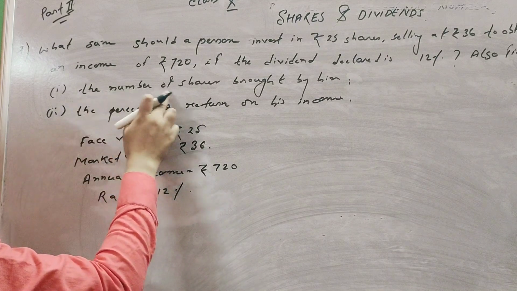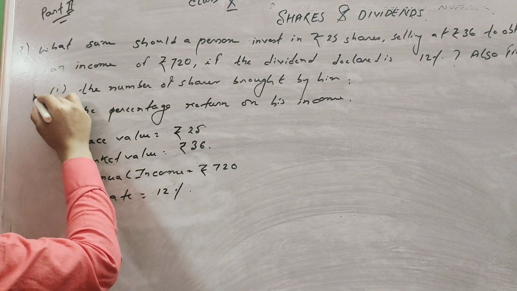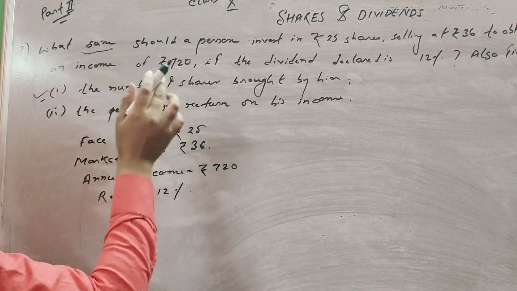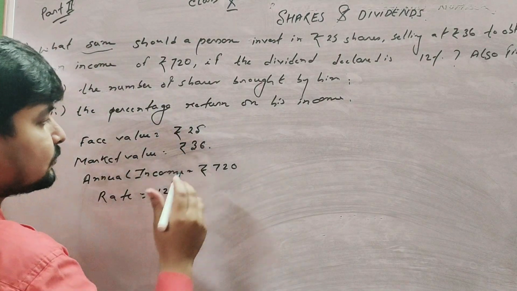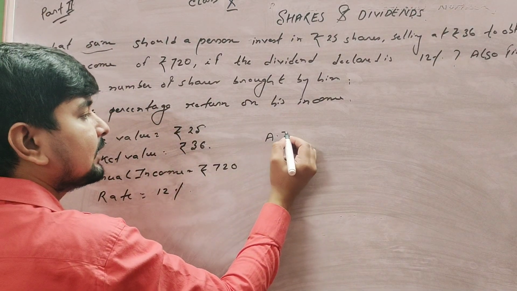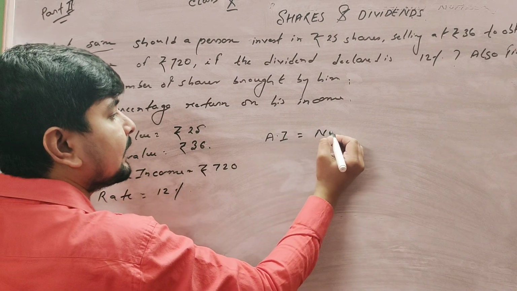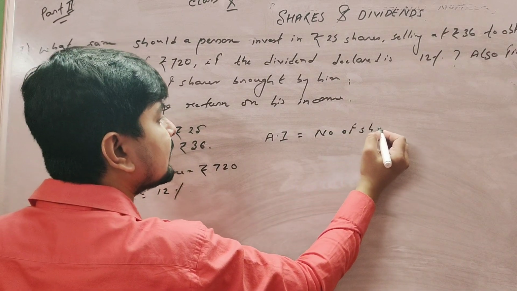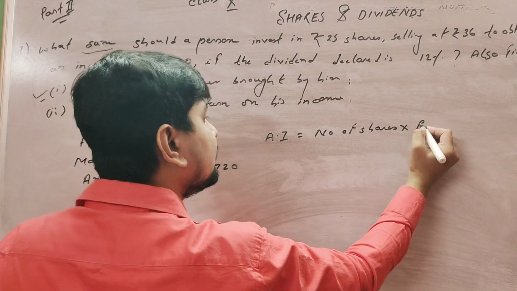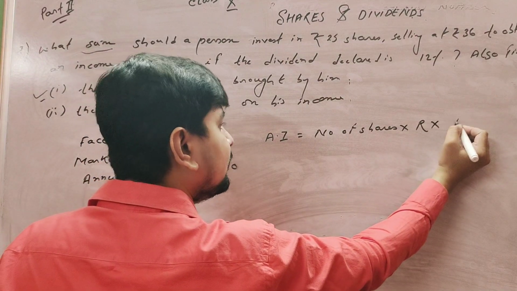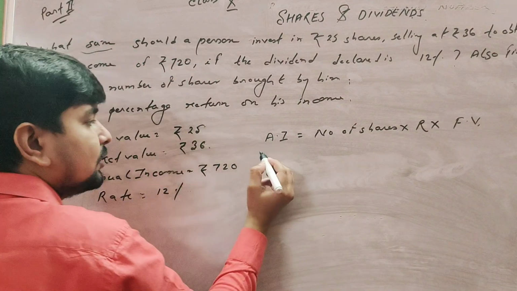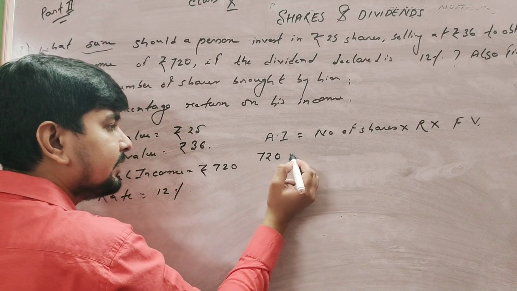So first of all, find the number of shares, then what sum should a person invest. For annual income, the formula is number of shares into rate into face value. In place of annual income we write 720.